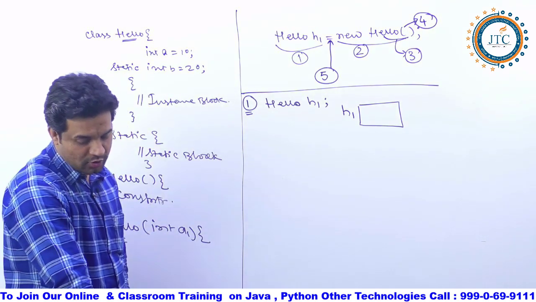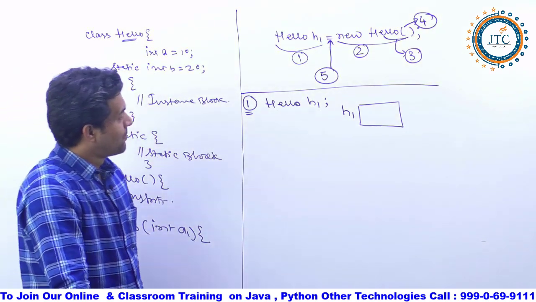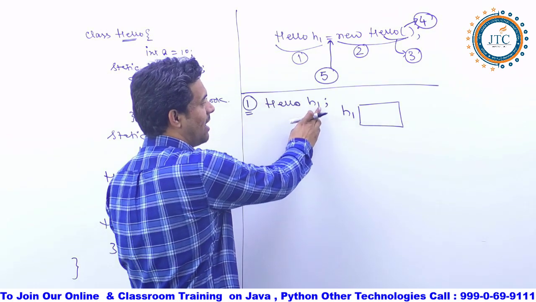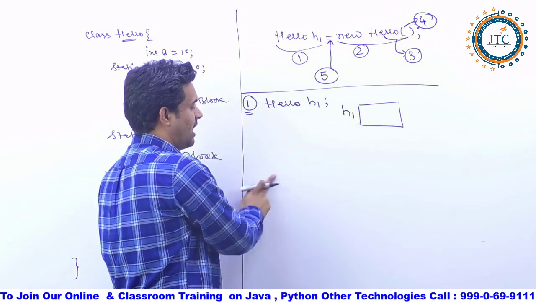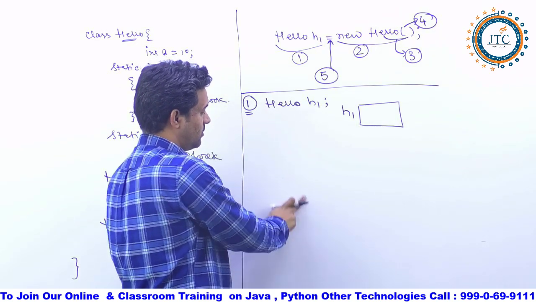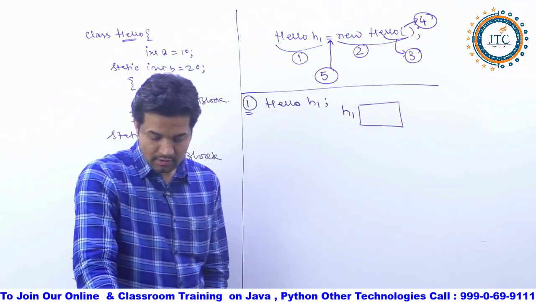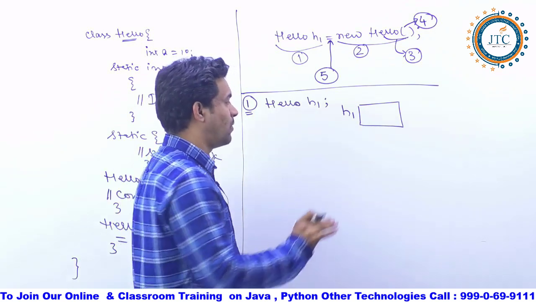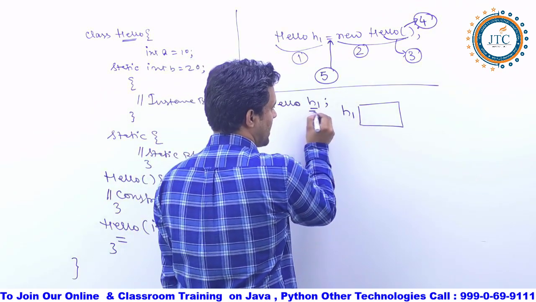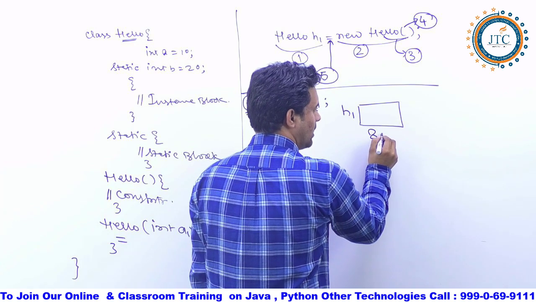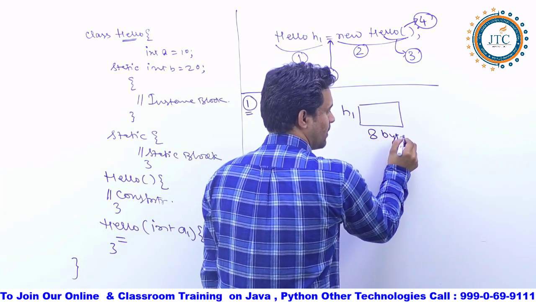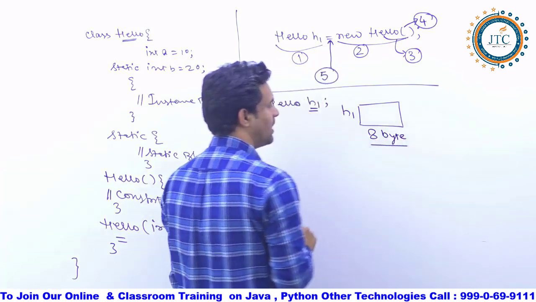Okay, so h1, I am writing here, and for this, h1 is a reference variable, so 8 bytes of memory will be allocated.